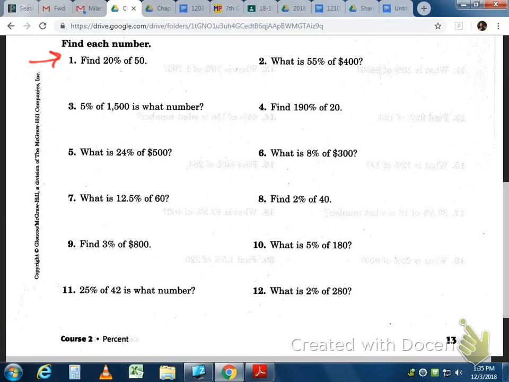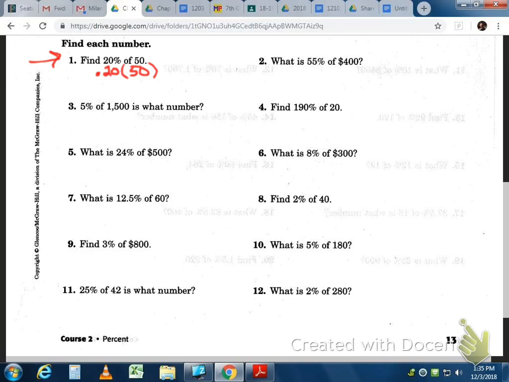Find 20% of 50. So 20%, what's that as a decimal? Emily? Yeah, 0.20. We said of means times, so I'm going to use parentheses on 50. That's the problem I would expect for you to write.